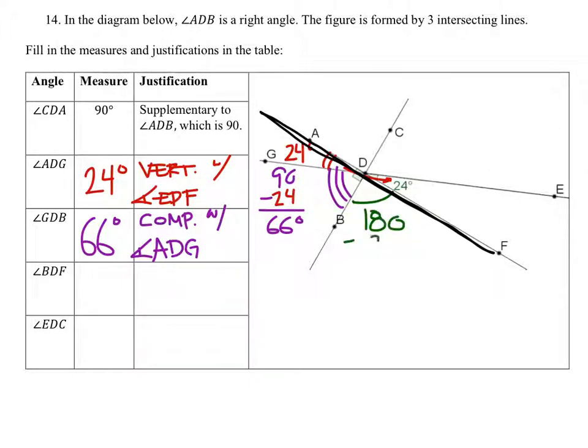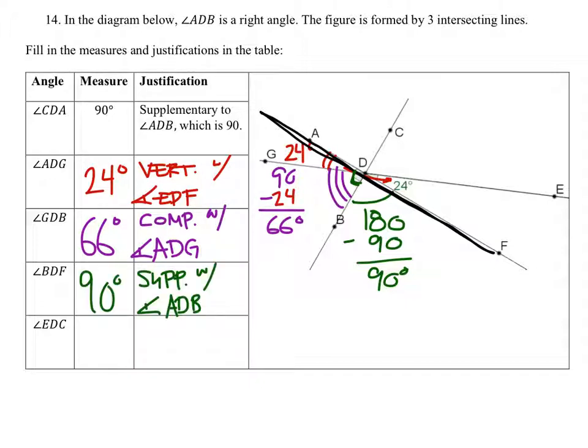We already used up 90 degrees on angle ADB, so that would give us 90 degrees for angle BDF. Since that is 90 degrees, we'll mark this using a right angle marking. Finally, angle EDC. EDC is this angle right here. This one is vertical with angle GDB, so it'll also be 66 degrees.